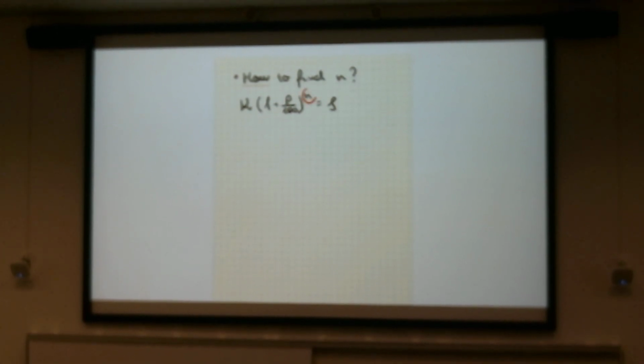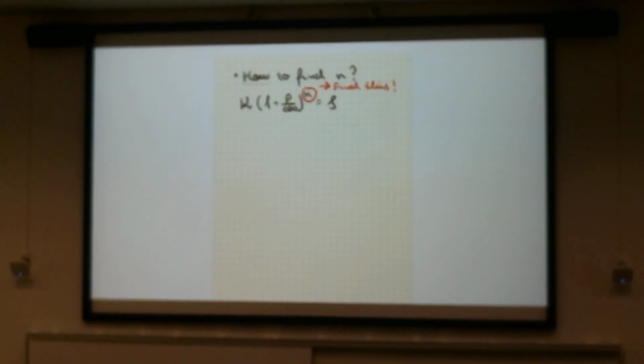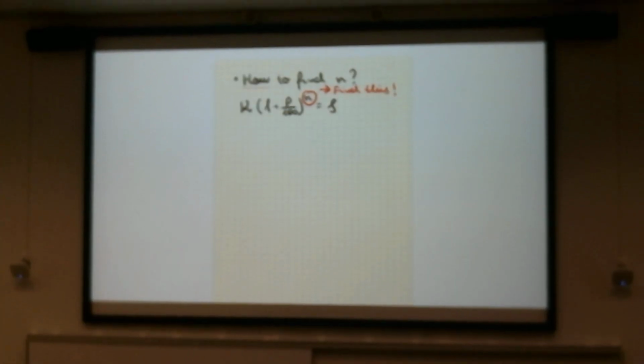And I need to find n. We're going to learn how to solve this in a few lectures, because this is a very nonlinear equation. You have your unknown hanging somewhere in the power. If you need to solve for the power, then this is way more difficult.